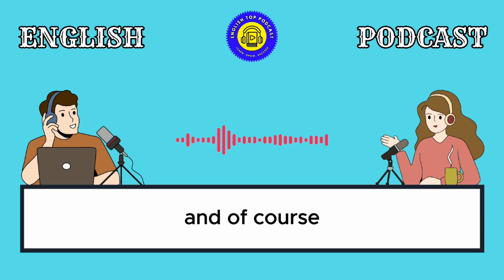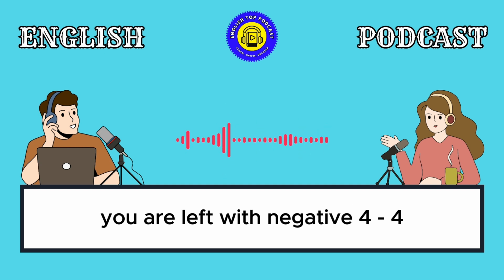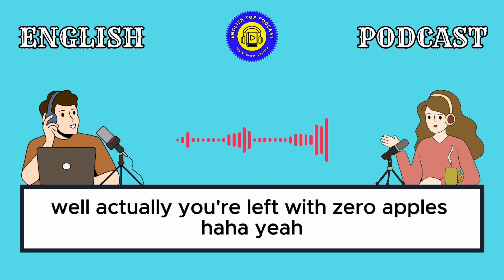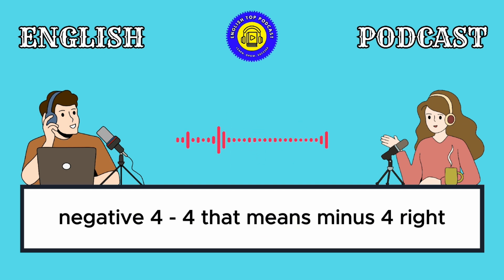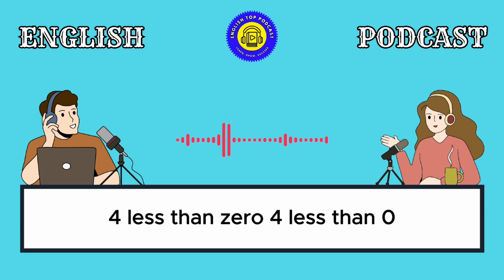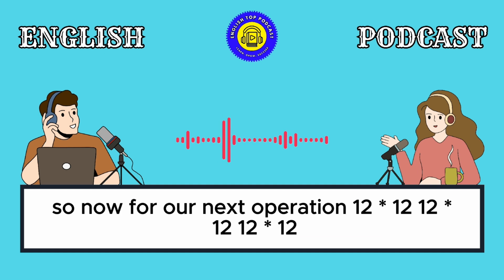And of course, if you have 56 apples and you take away 60, you are left with -4. Well, actually, you're left with 0 apples. Yeah, exactly. Now, that answer is also interesting. -4 means 4 less than 0. Very good.